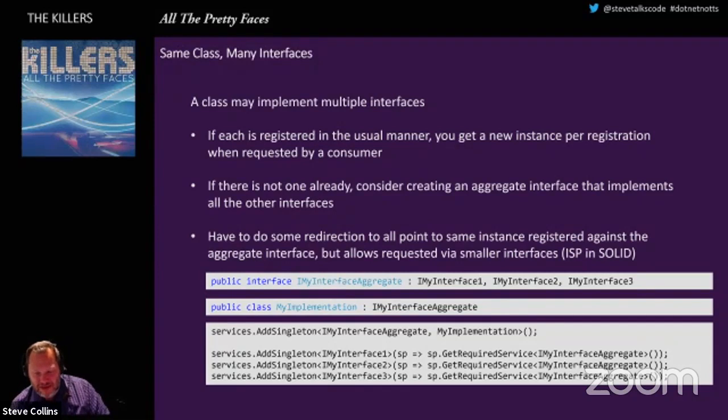From there, to avoid creating multiple instances, when I register interfaces 1, 2, and 3, what I do is go off to the service provider again and say, go and get me my interface aggregate and give me that single implementation of it that I've already registered. That way, as a consumer, you can ask for either the aggregate or interfaces 1, 2, and 3, and you will still get the same object back.